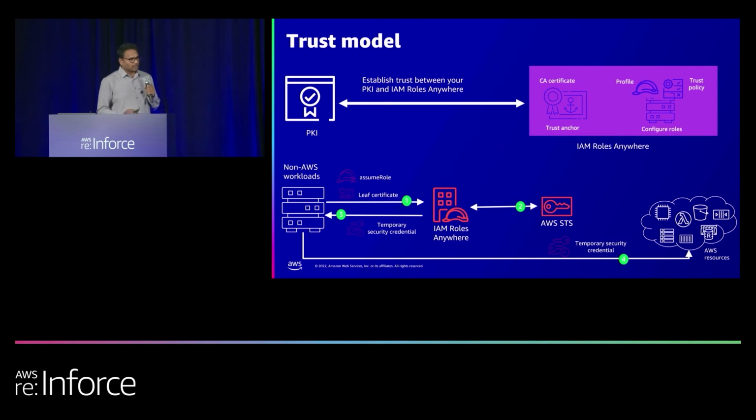The subject is what IAM Roles Anywhere parses and validates to make sure the certificate is the certificate that is being claimed for. And then the conditions around the subject are used for restricting access based on what was in the trust policy. Once you have the trust established between your PKI and IAM Roles Anywhere, you can now use the end entity certificates to vend the credentials.